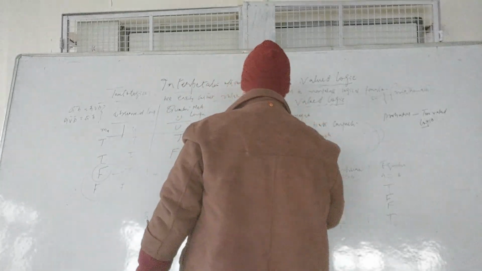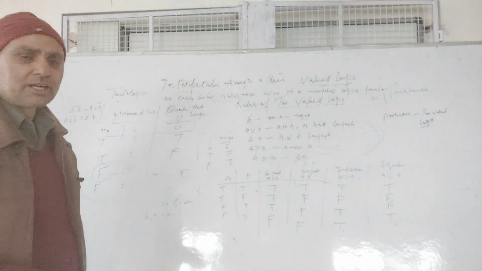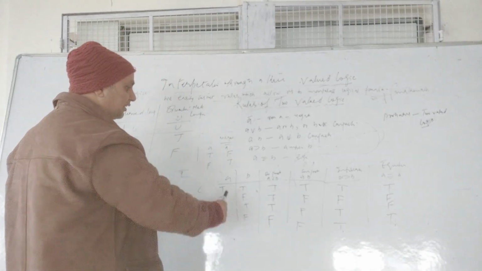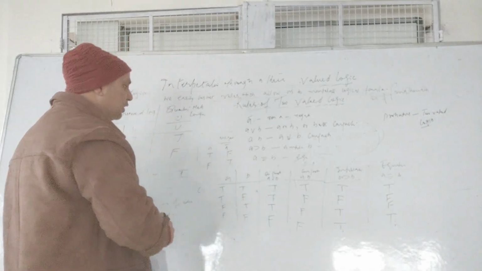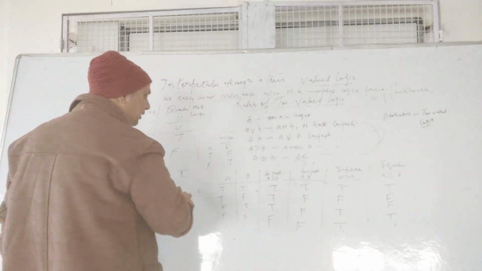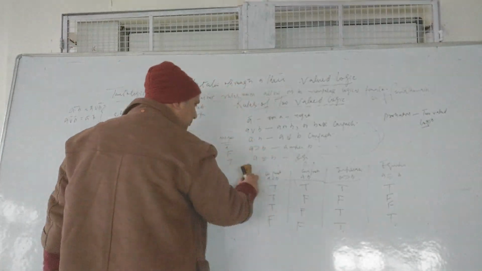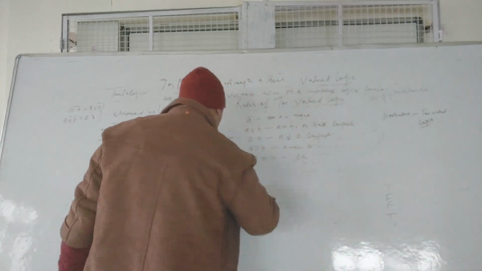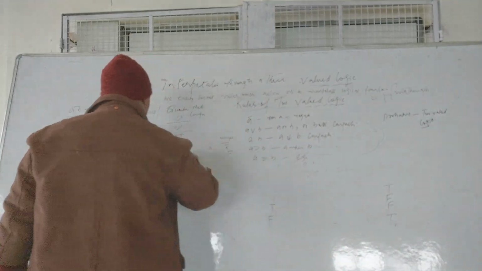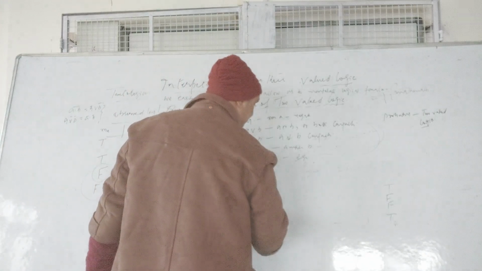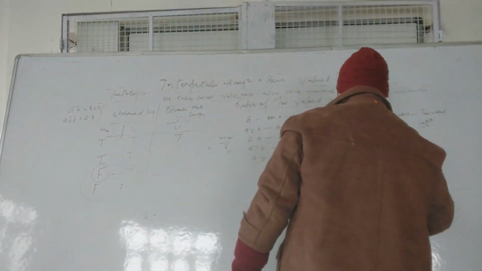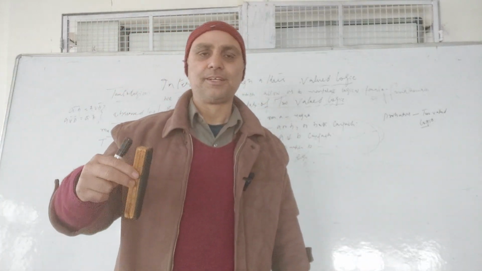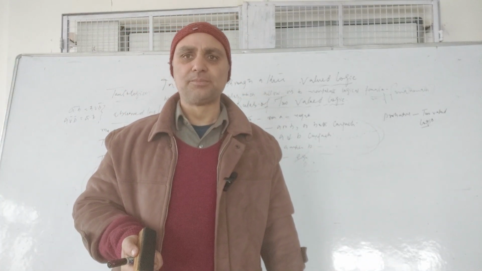Since in the previous class we took the analogy of two-valued logic and defined the table accordingly, I'll not change much. I'll just change the table to incorporate three-valued logic. In the two-valued logic, you could have either a truth statement or a false statement.